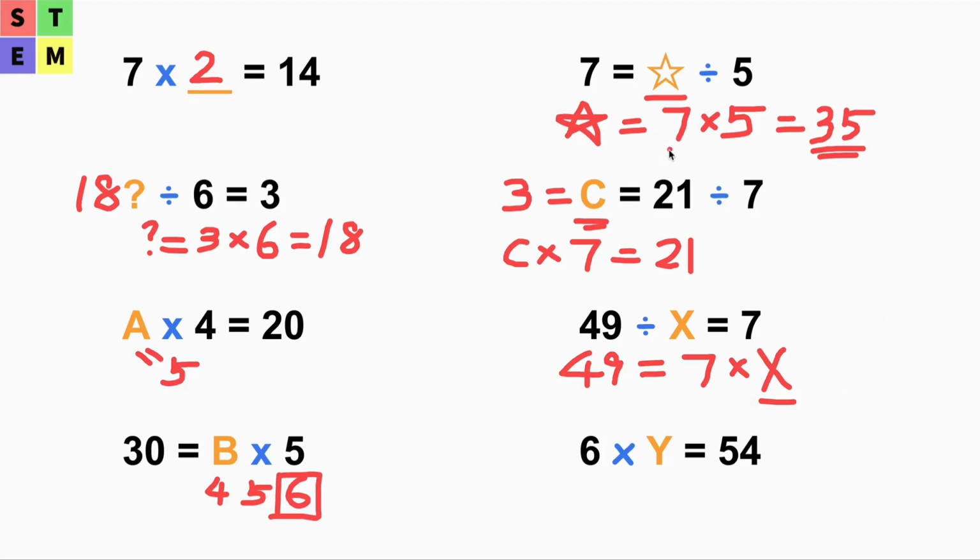From the above example, 7 times 5 got 35. Still 35 is smaller than 49, right? So let's try more. 7 times 6 is 42. Oh, we are close. We are closer. Not 7 times 6, but 7 times 7 is 49. So X actually equals 7, right? So actually 49 divided by 7 equals 7.